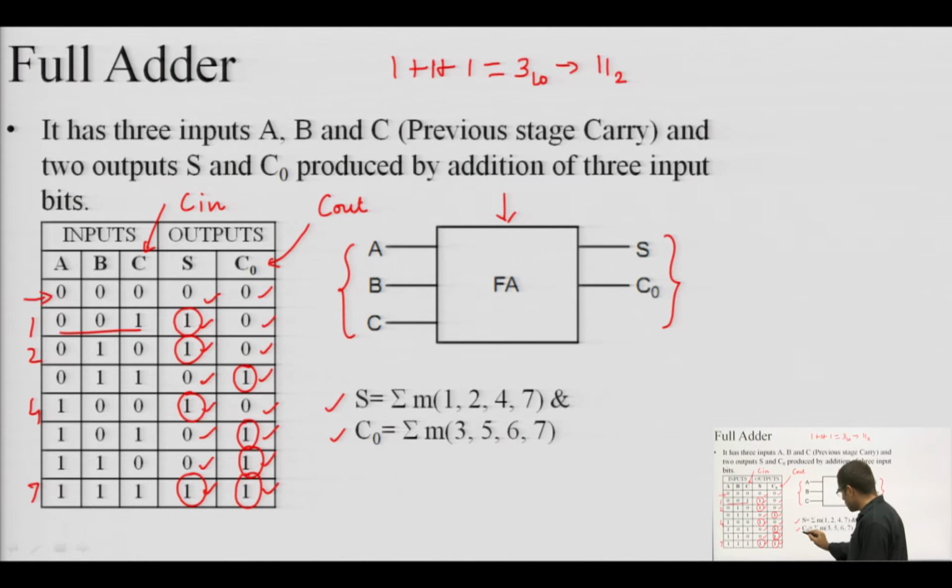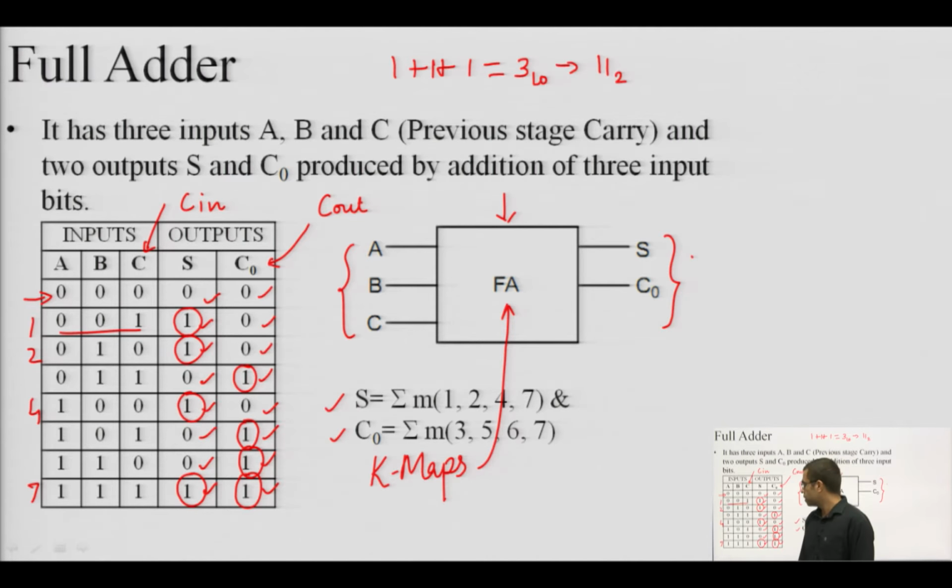Now, using these expressions we can solve K maps to find out what is inside this box, how these 3 inputs A, B and C are interrelated with each other to compute S and C as the output. So, now we will be solving the K maps for these sum and carry expressions.